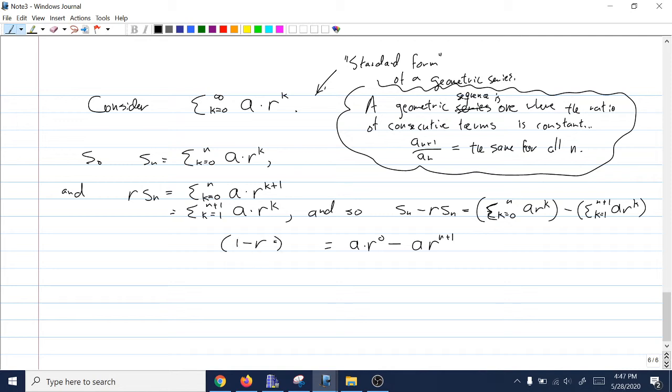This equals (1 minus r) S_n. So S_n is a minus a r to the n plus 1 over 1 minus r. Maybe you factor out the a.